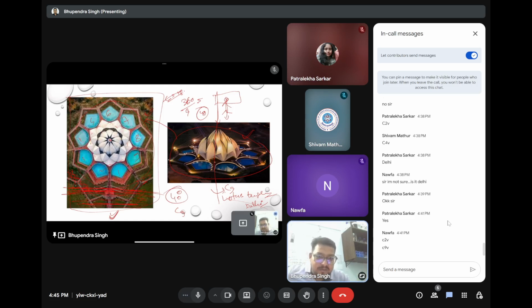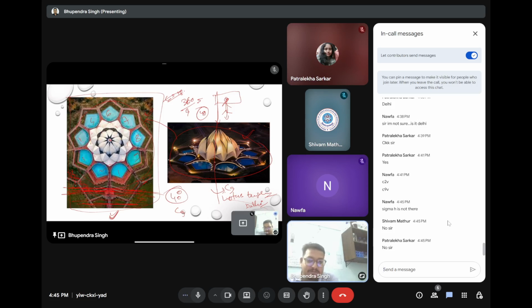Shivam, yes, tell me. Sigma h is there because you are looking from the helicopter. So this Earth, on which the Lotus Temple is built, can be your sigma h, which is perpendicular to your principal axis of rotation, C9.